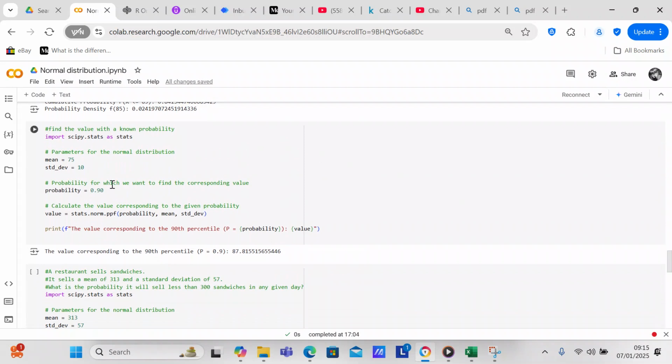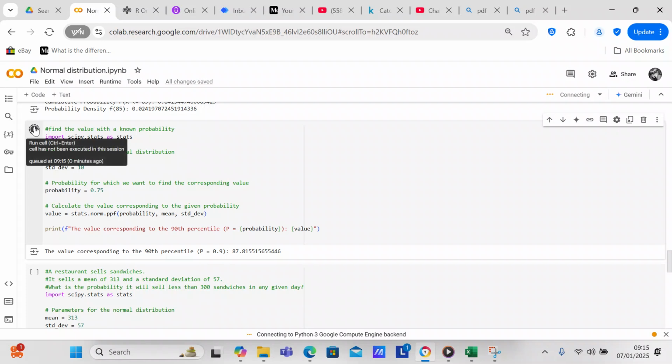But what I can do is say the probability is 75%. That's where you've got your probability, the mean, and the standard deviation, but you want to know what the value is. With the 75th percentile, as we've just done a few moments ago, it's going to be 81.